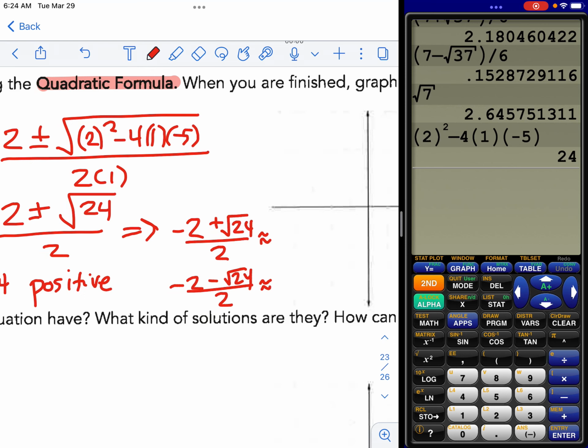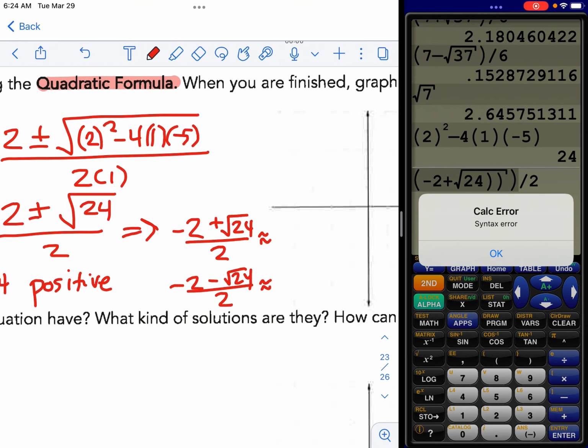Since root 24 is not a perfect square, we're going to get decimals here. So I'm just going to put that in: minus 2 plus square root 24. I have to come outside the square root and put my brackets, that's the numerator, divided by 2.